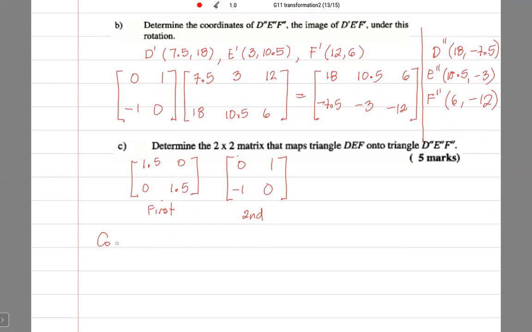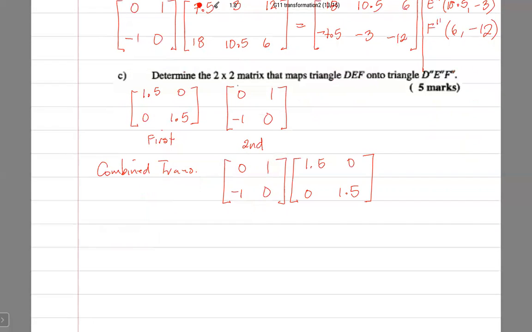So the combined transformation is the second one first, [0, 1; -1, 0], multiplied by the first, [1.5, 0; 0, 1.5]. All we have to do is multiply these and we get the answer. The top row is 0, 1.5.